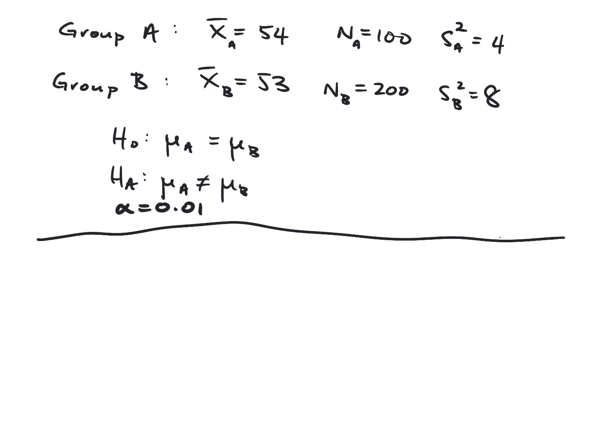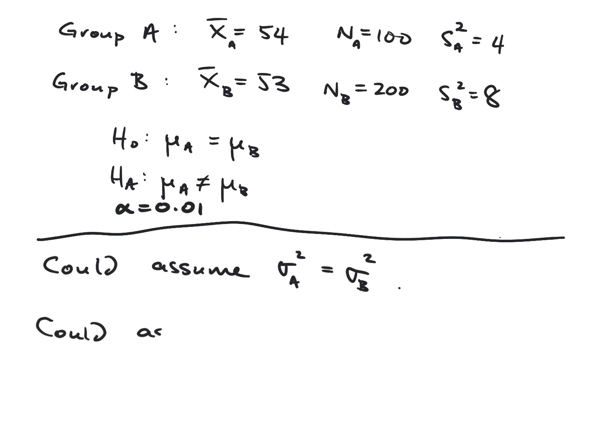One is we could assume that the variance in the two samples is the same. Alternatively, we could not assume that.